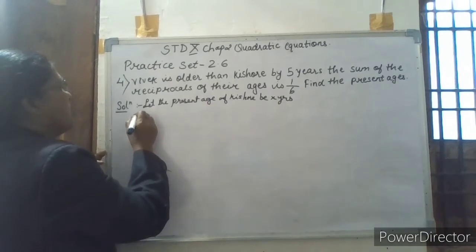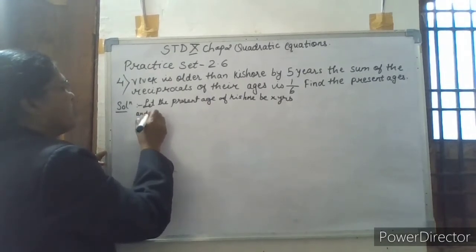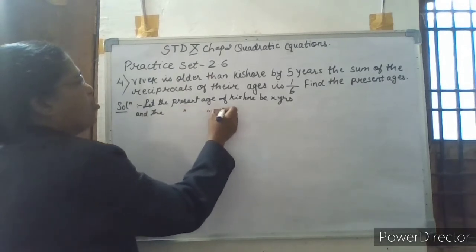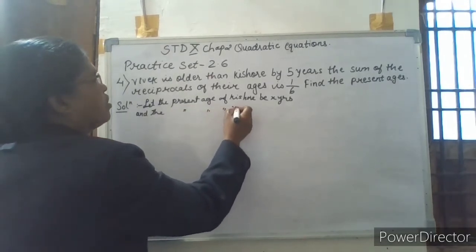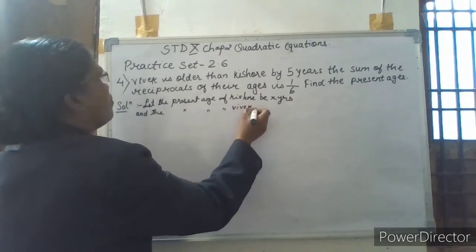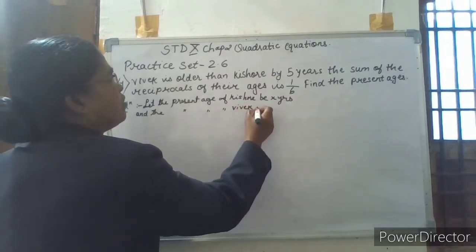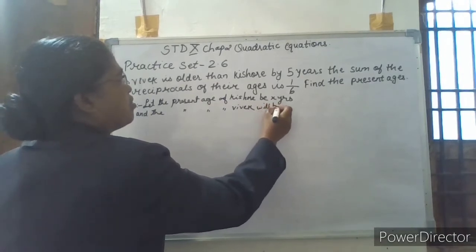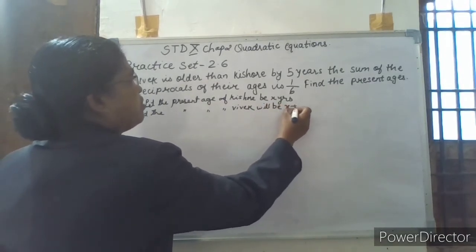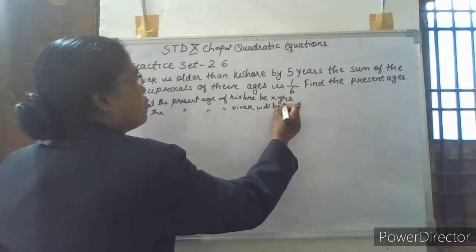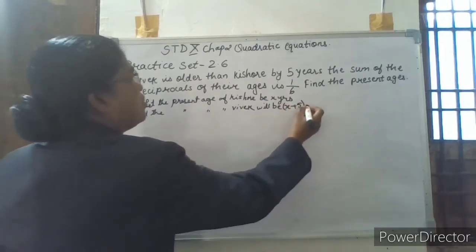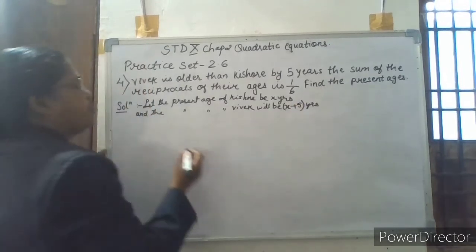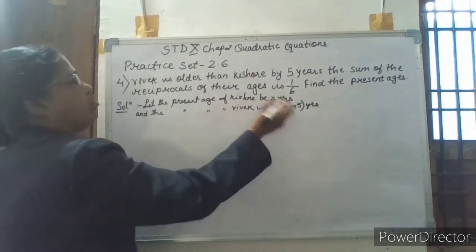Therefore, the present age of Vivek will be x plus 5 years. Now, we got their ages.